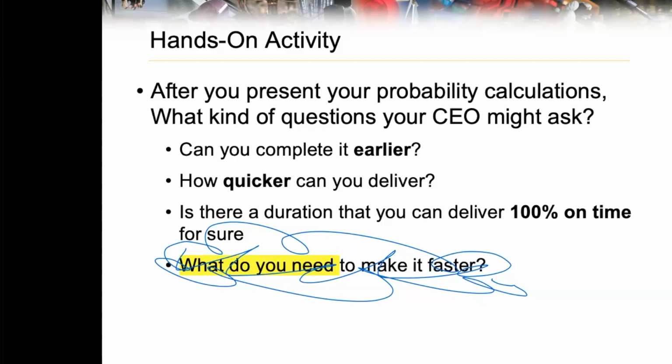We have to communicate. That's where the soft skill sessions come in. So we have to communicate. She asked us, we went back to our team, we used some tricks, as you know, and then we came up with, we need $10,000 and 10 more weeks.